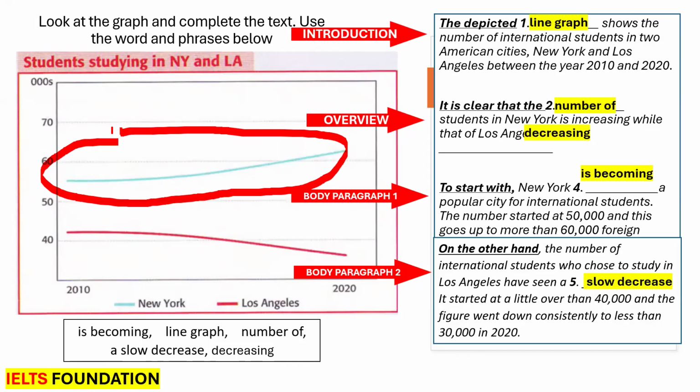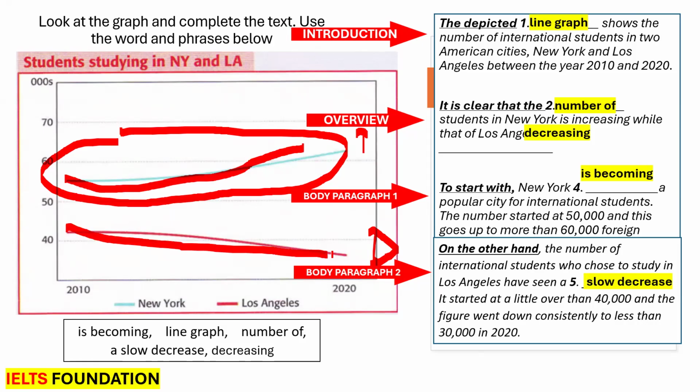All right. So we normally group them top to bottom. Okay. So we write this information in body paragraph 1, and we write this information in body paragraph 2. That's the basic way of grouping our information, grouping the information in IELTS writing task 1 data essays.